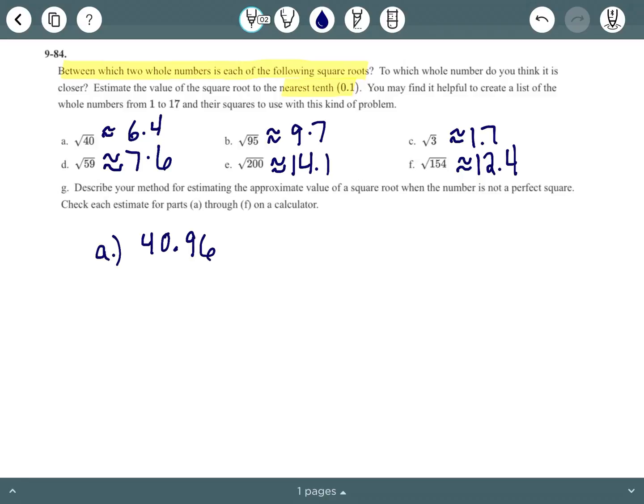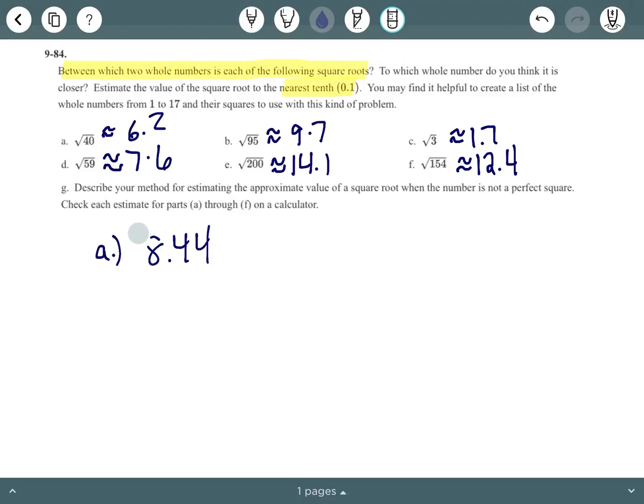So I'm thinking that we could adjust our estimate a little bit. So let's try, given that that's a little bit far off, I want to try 6.2 and see where that gets us. So let's put that into our calculator. 6.2 squared. Let's give that a try. Well, 6.2 gives us 38.44, which is even more off.